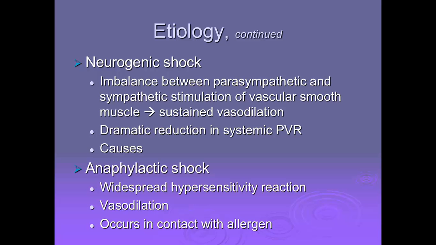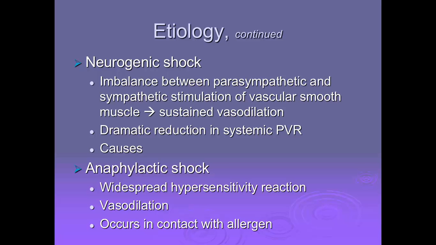They have a dramatic reduction in the systemic peripheral vascular resistance as the size of the vascular compartment increases. Causes of neurogenic shock could be head injuries, trauma to the spinal cord, insulin reactions like hypoglycemia, your CNS depressant medications, anesthesia, severe pain, and prolonged heat exposure.